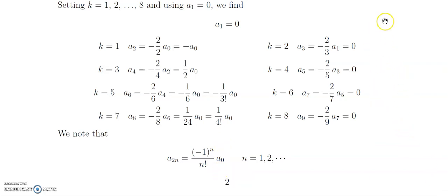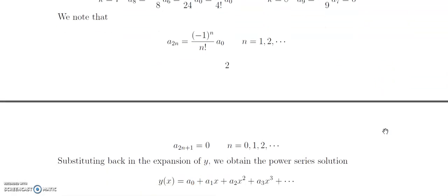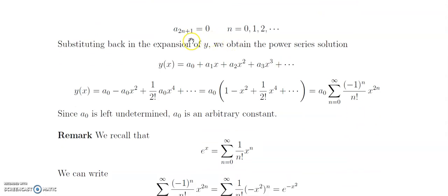And for these coefficients with odd index being all equal to 0, we get a sub 2n+1 equals 0. When n equals 0, this means a sub 1 equals 0. When n equals 1, this will give us a sub 3 equals 0. When n equals 2, this gives us a sub 5 equals 0, and so on.